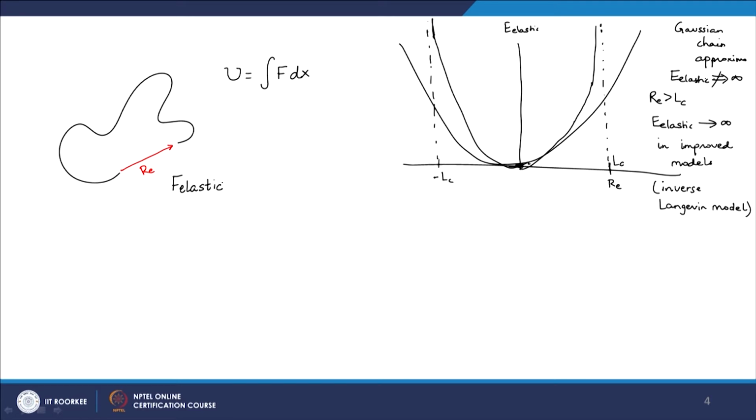the polymer at a particular value of RE will be given by the derivative of the elastic energy that we have derived. And in general, we are looking at the vector RE. Okay.